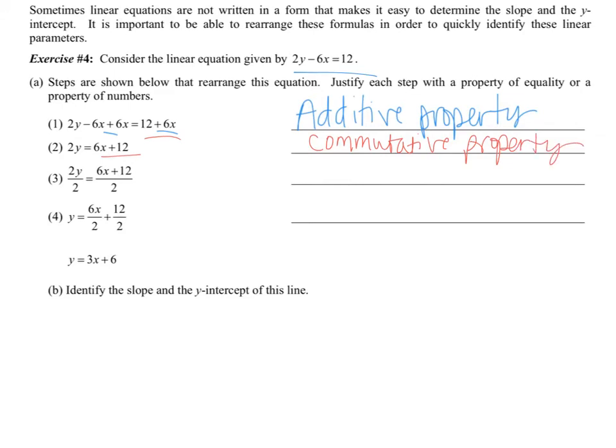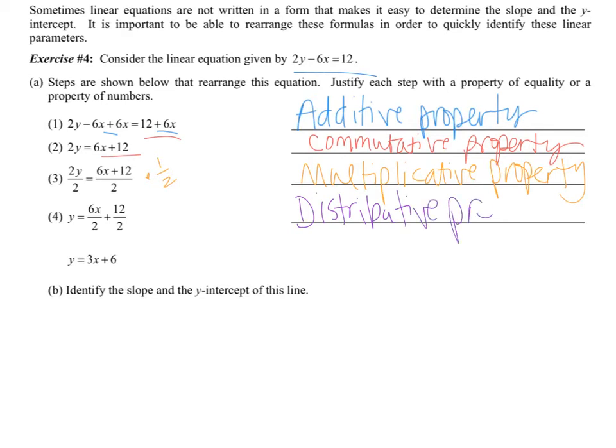Then the next one, it looks like it's multiplying by 1/2 on each side. So this is the multiplicative property. And then the last step was the distributive property, where they distributed that 1/2 to everything.